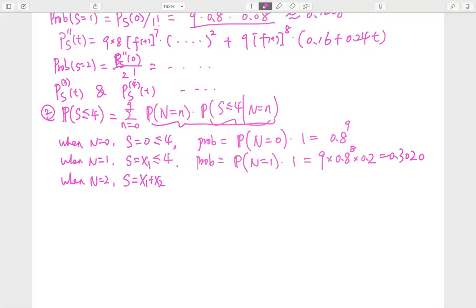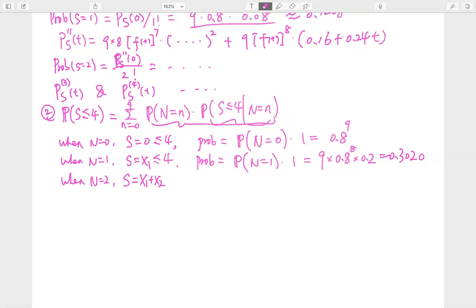So apparently in this case, it's not 1 anymore. So we need to actually discuss the case for this to be less than or equal to 4. There are many ways you can do it, right? You can get the two-way table if you want, or you can directly analyze.